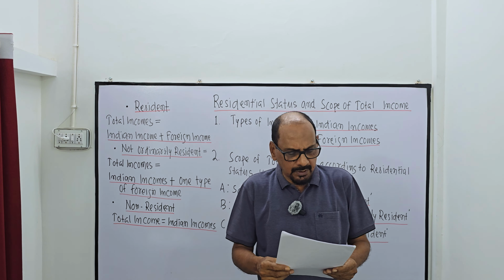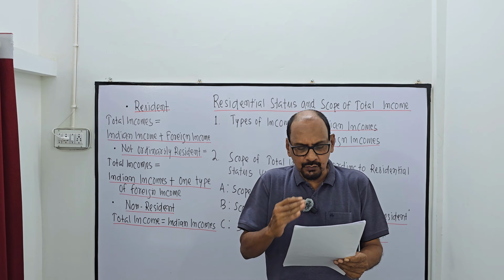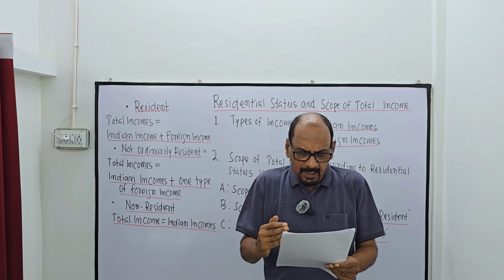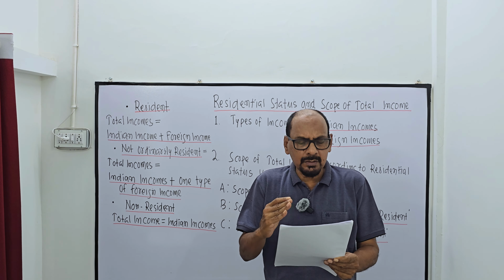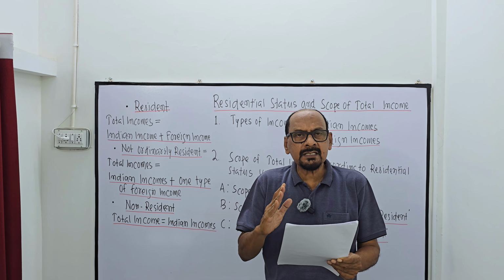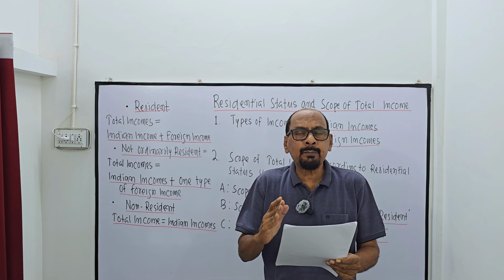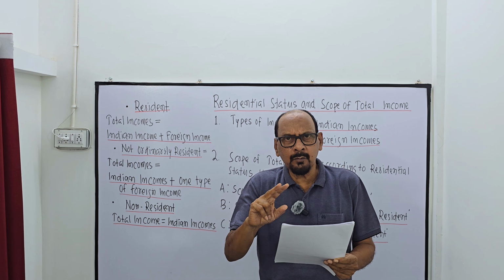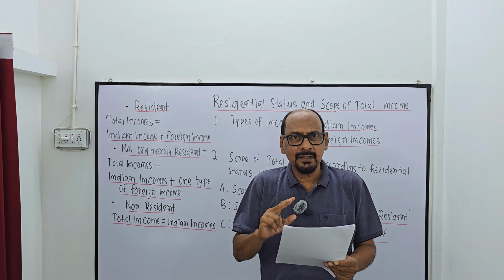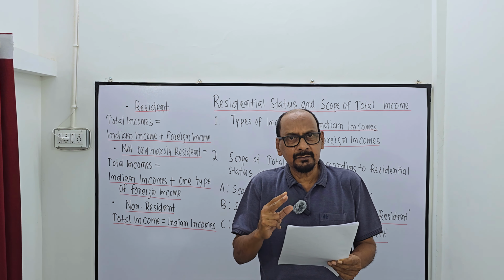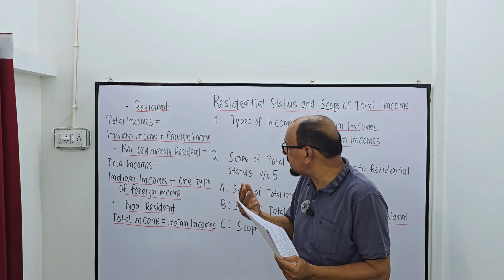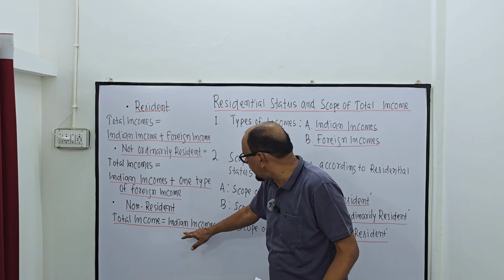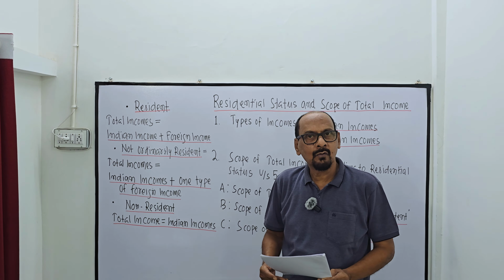And the second category is income which accrues or arises or is deemed to accrue or arise in India during the relevant accounting year, irrespective of date and place of its receipt. So there are two categories of income which are included if a person is a non-resident, meaning only Indian income.